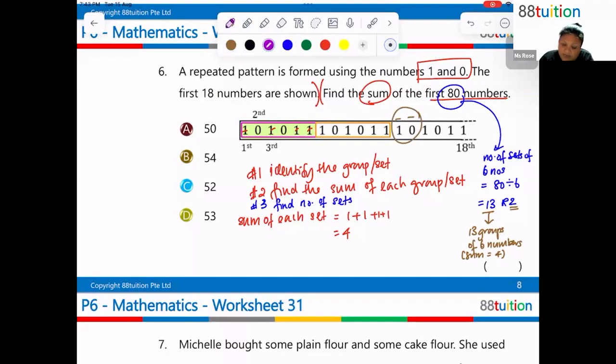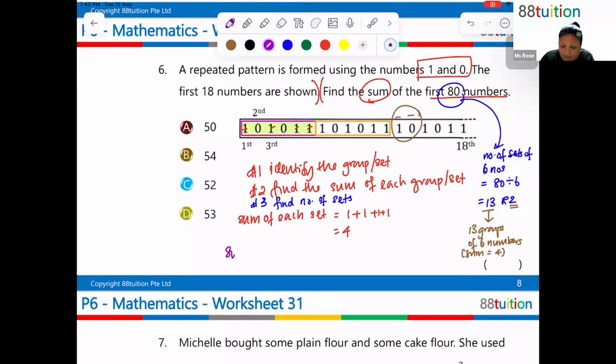So which means that the sum of the first 80 numbers will be 13 groups of 4 plus 1 to give me 53, which is D. Thank you, Elliot. That's right.